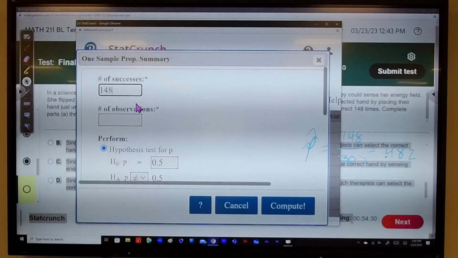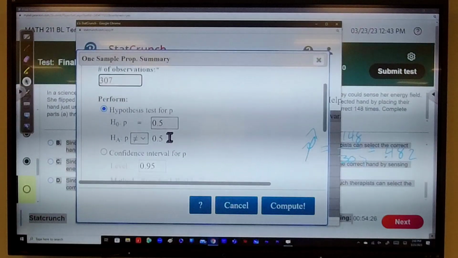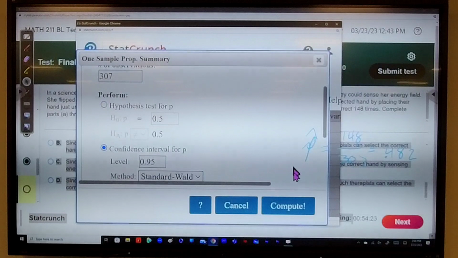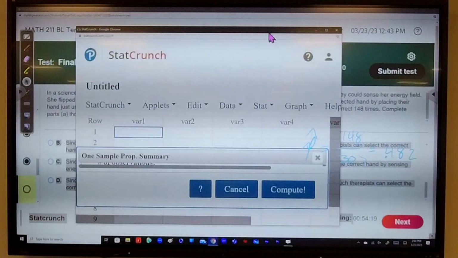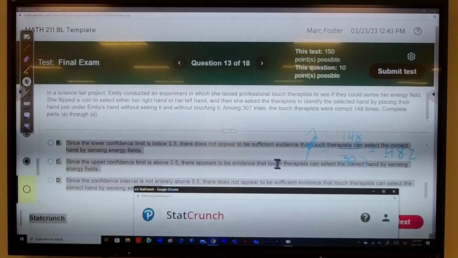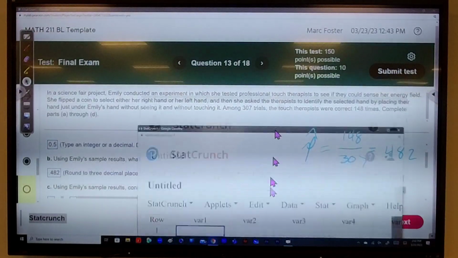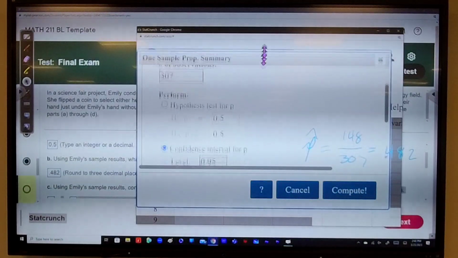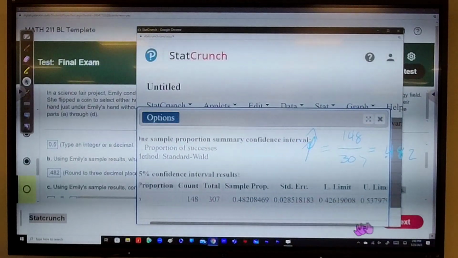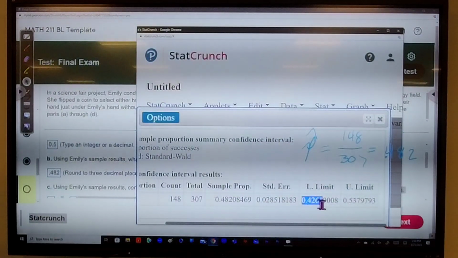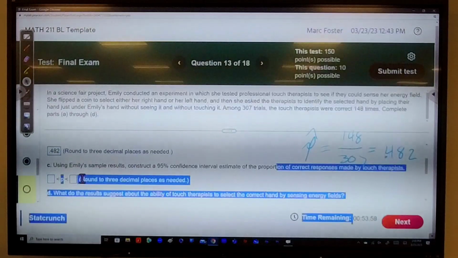They were right 148 times out of a total of 307. And I'm doing a confidence interval, a 95% confidence interval. So I compute and I get my lower limit and upper limit.